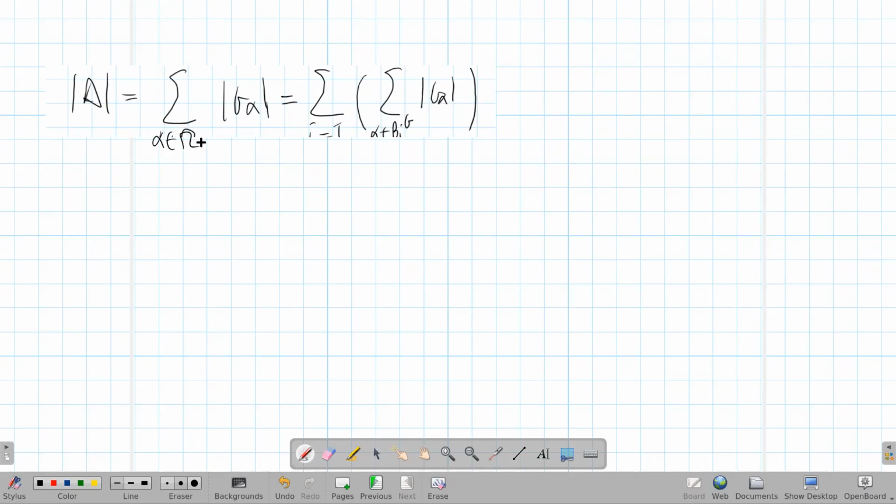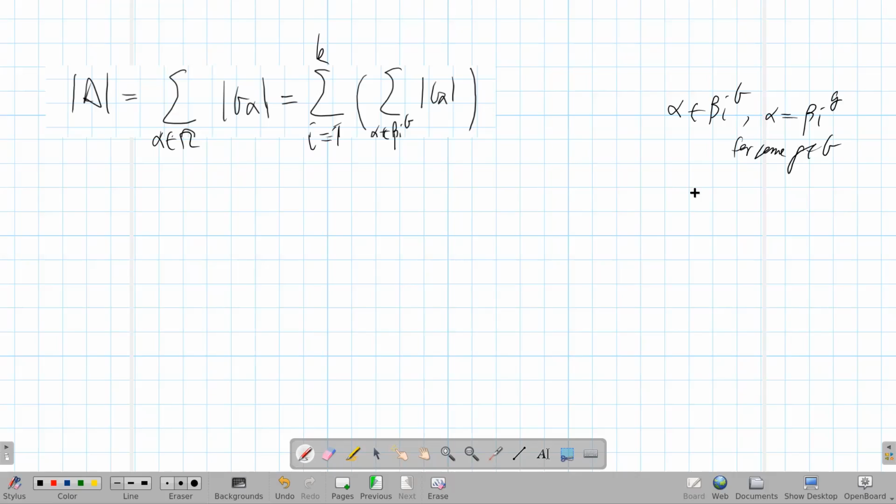So this is the sum over alpha in omega, i from 1 to k, and here alpha in beta i to the G. But recall that if alpha is in the orbit, then alpha equals beta i to the g for some g.